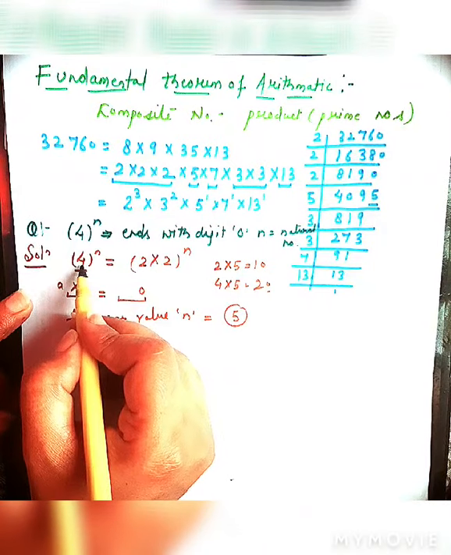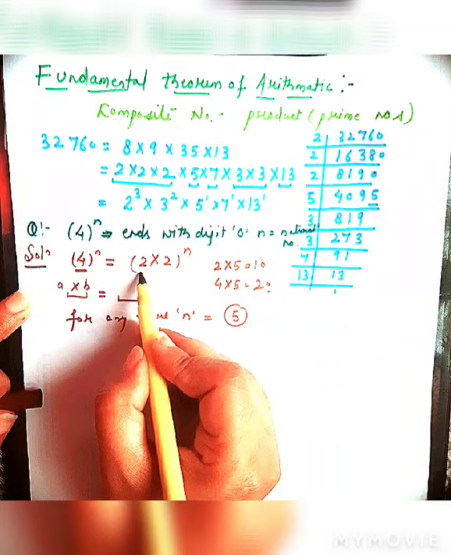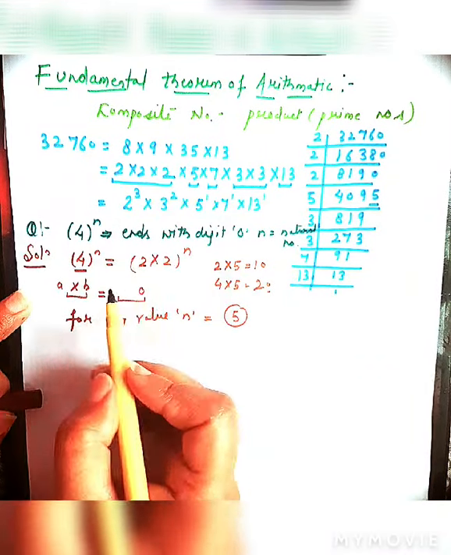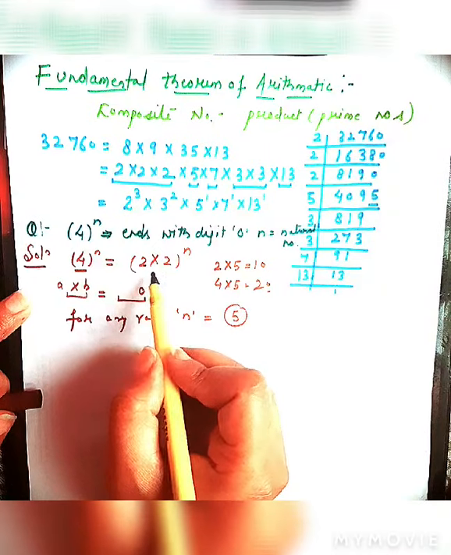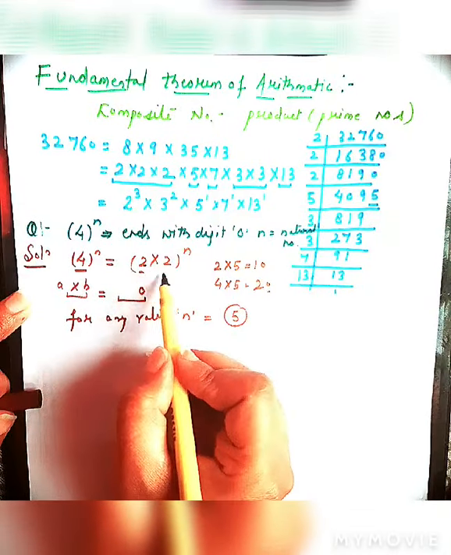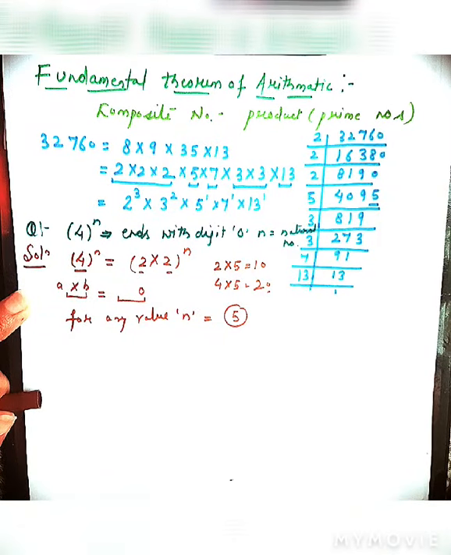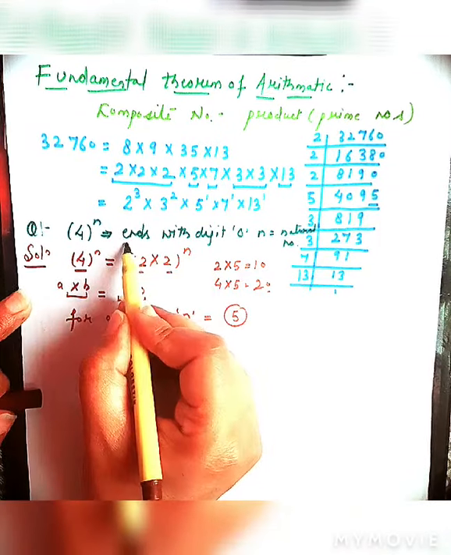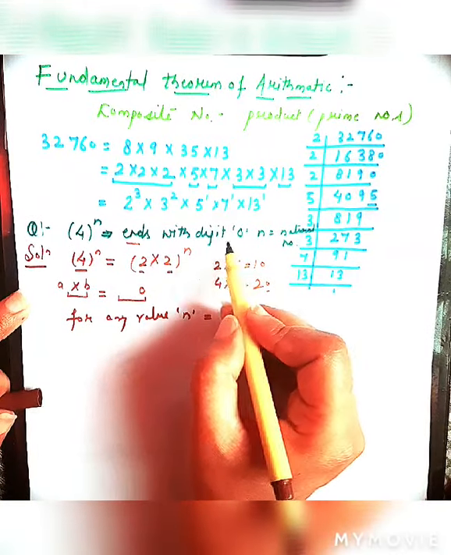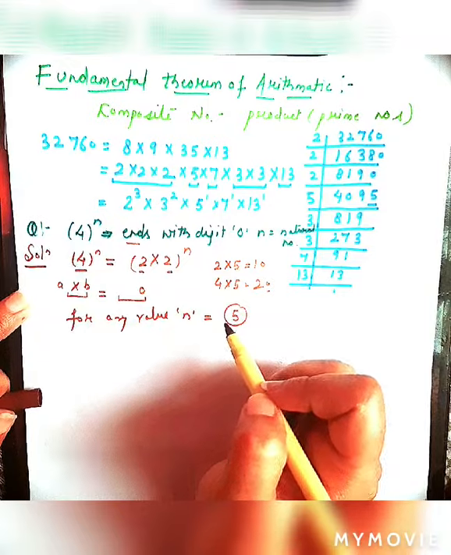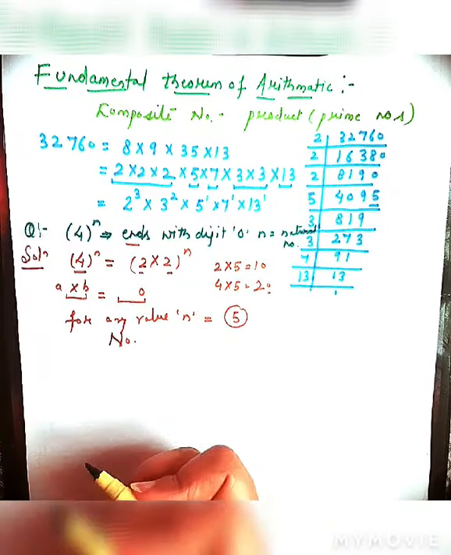But when we break this number into a product of its prime numbers, the prime number is 2 only. 5 is also a prime number, but 5 cannot be written over here. So as they are asking to check the possibility of digit 0 in the end, we will say that no, it is not possible to get 0 here.